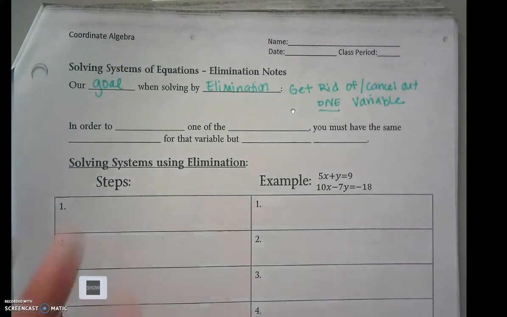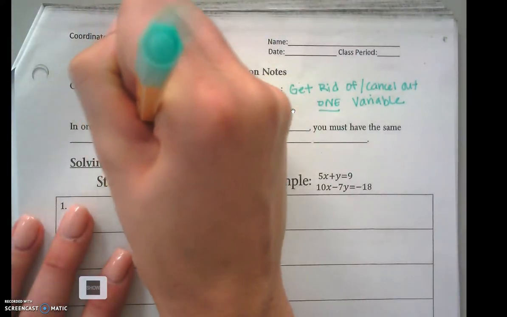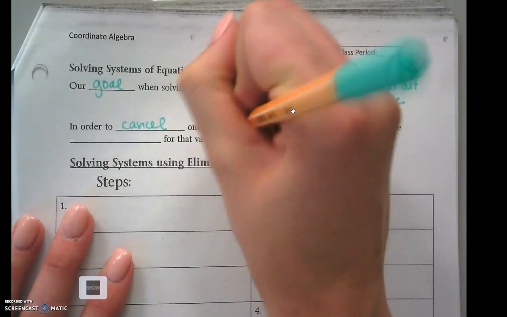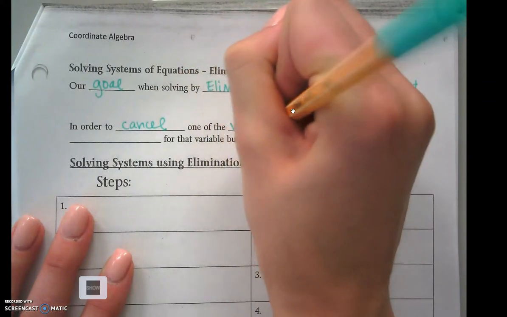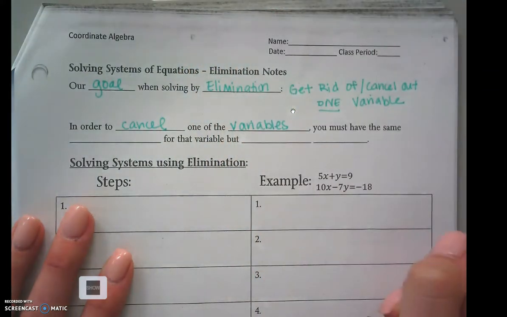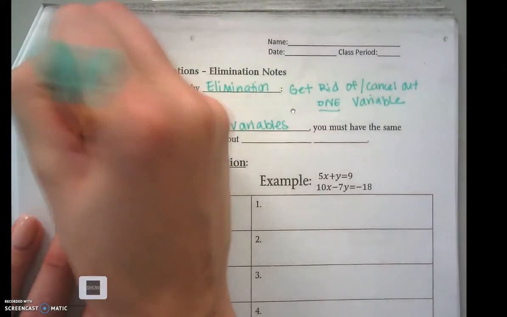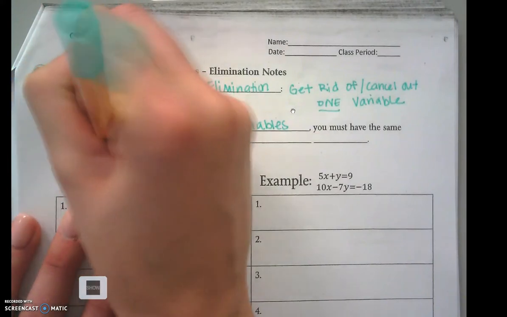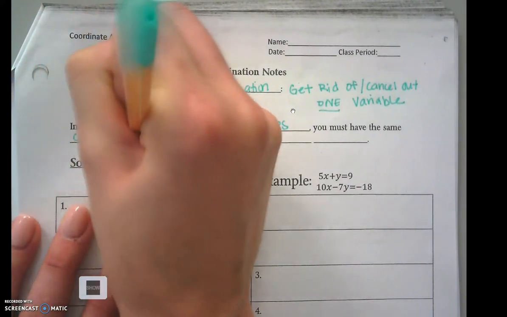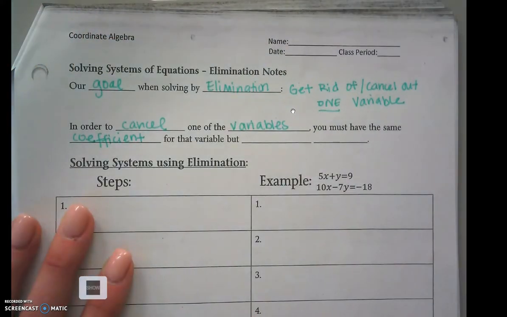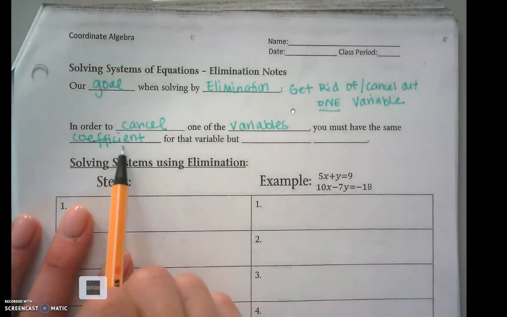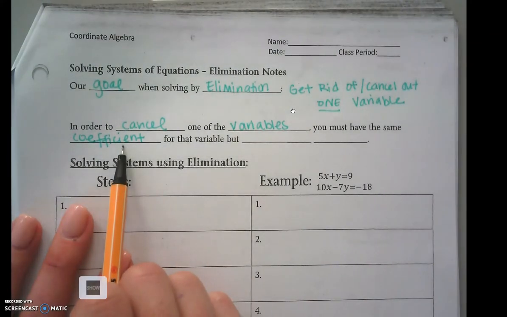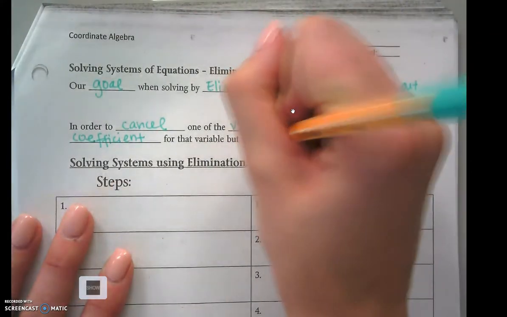Well, in order to do this, in order to cancel one of those variables, you must have the same coefficient for that variable. Okay, remember coefficient is the number in front of the variable, but opposite signs.